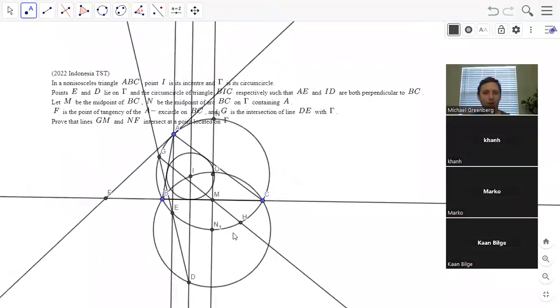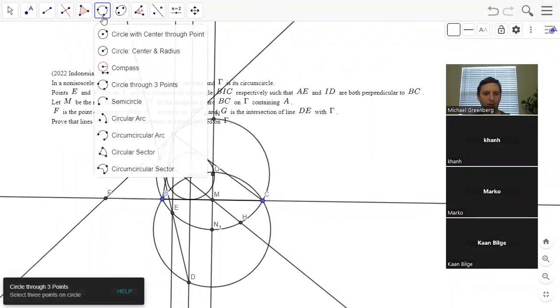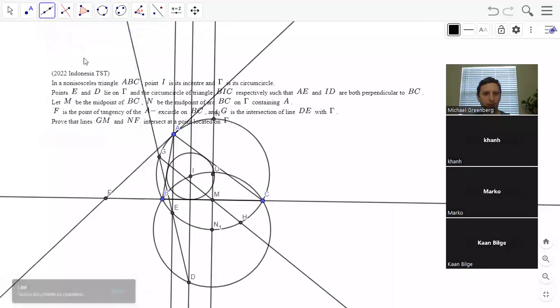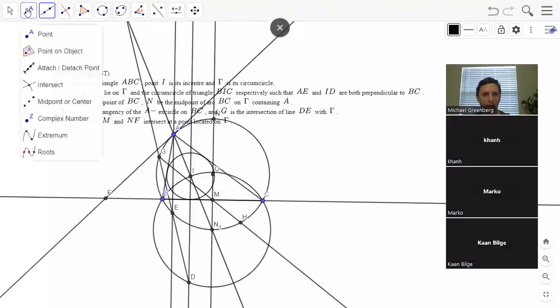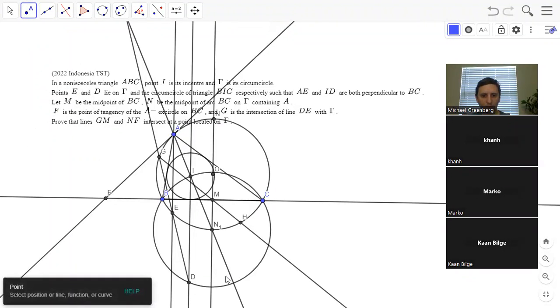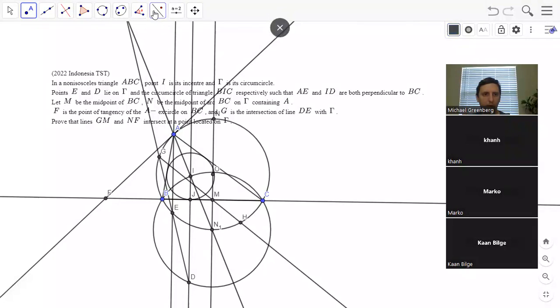I guess I could just draw that really quickly because it shouldn't take that long. Basically by the incenter-excenter lemma, I could just reflect this over M. And then it's saying that N, J prime, and H should be collinear.